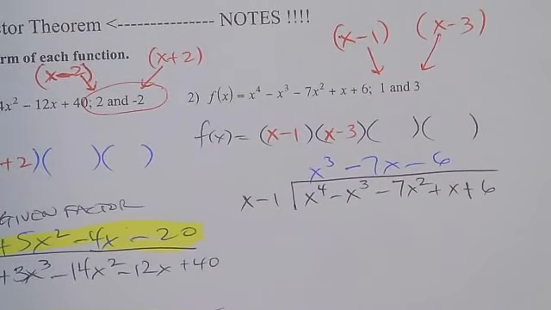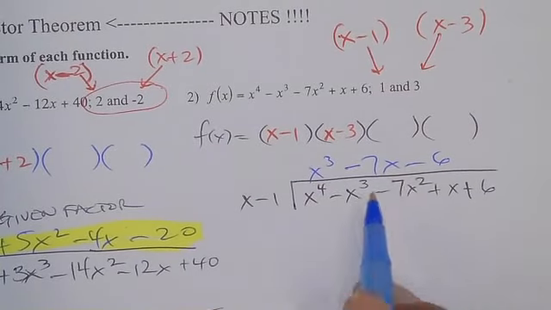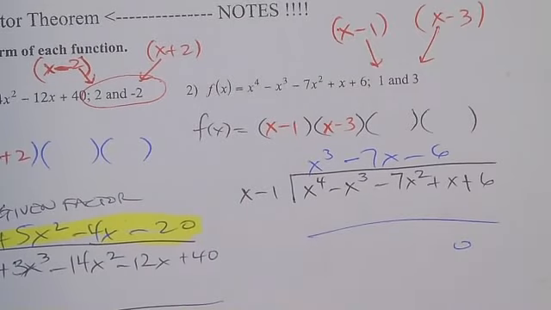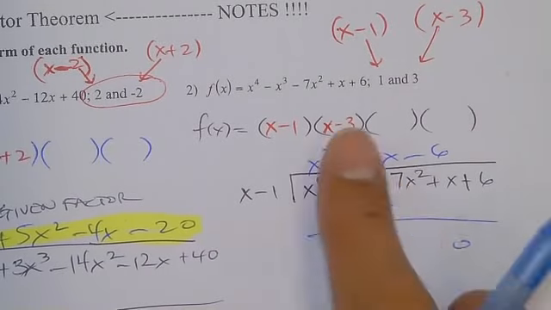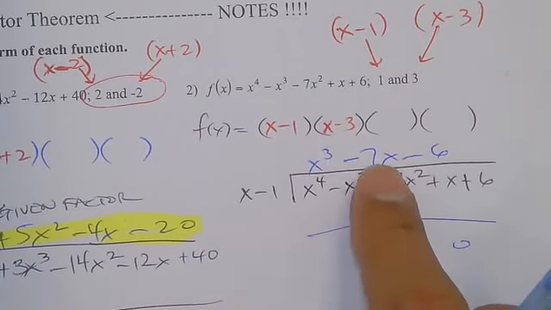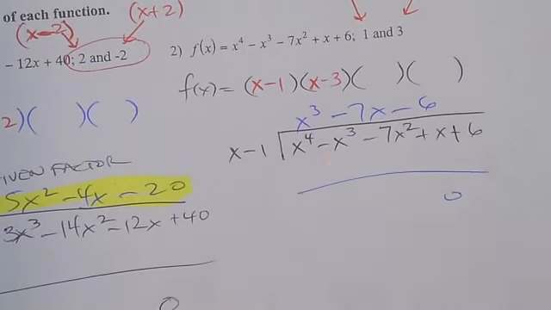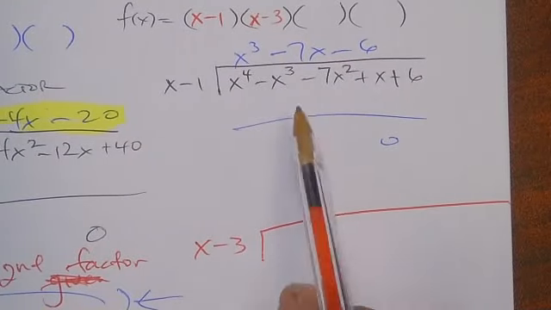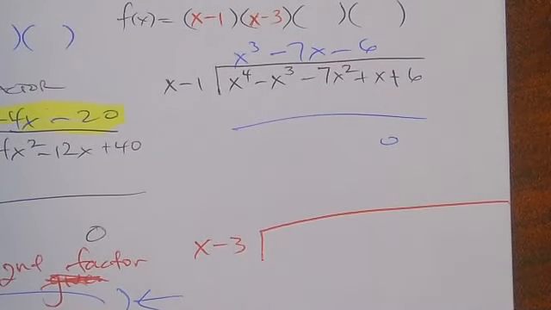I got x cubed. There was no x squared, so you won't see it here. Minus 7x minus 6. You won't see it here, but you better believe when you do the next division, you will get remainder 0. When you divide now the second factor into this dividend, you're going to divide again by the x minus 3.